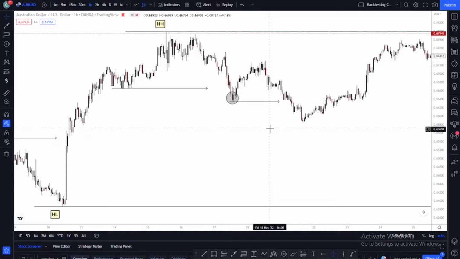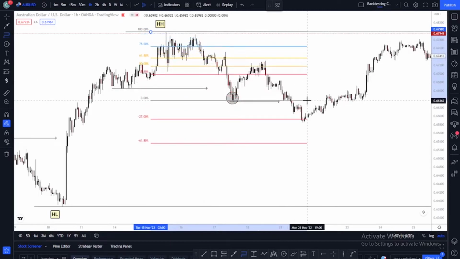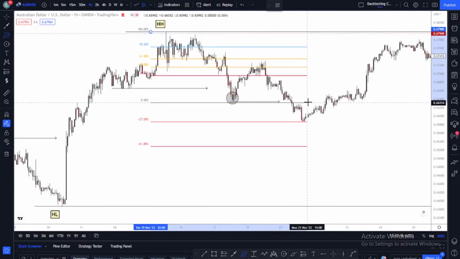Do you get me? So after price broke structure and created that lower low, what did I do next? I just take my Fibonacci and draw from point A, which is the higher high, and drag the Fibonacci to our point B, which was the new lower low created.